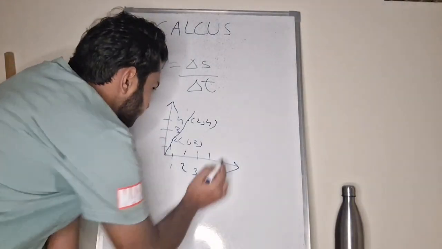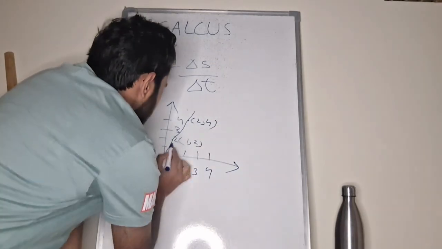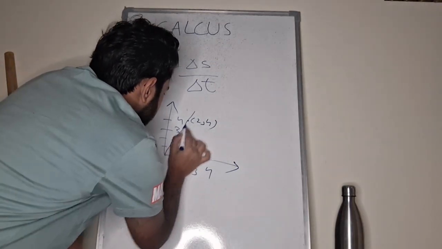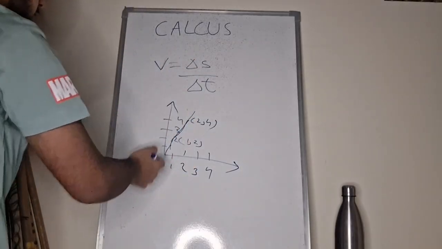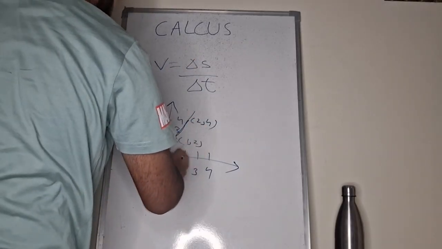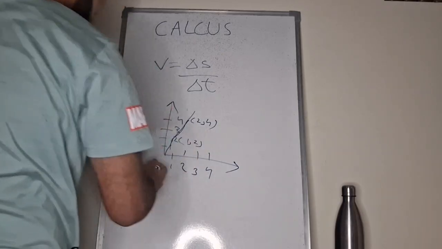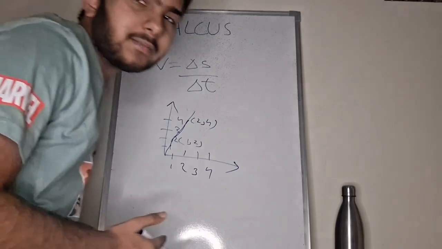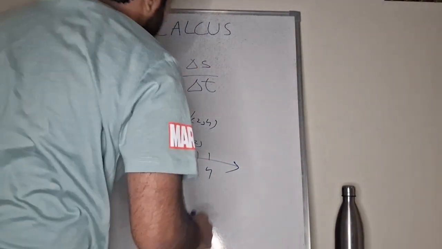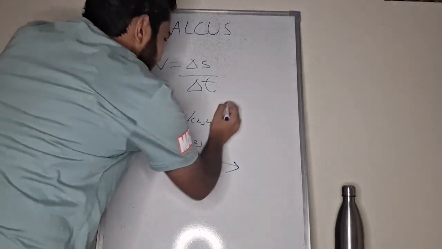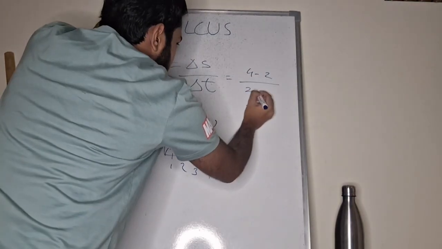So now to find this, which is velocity, because velocity is this change in displacement, which will be 4 minus 2 upon 2 minus 1.